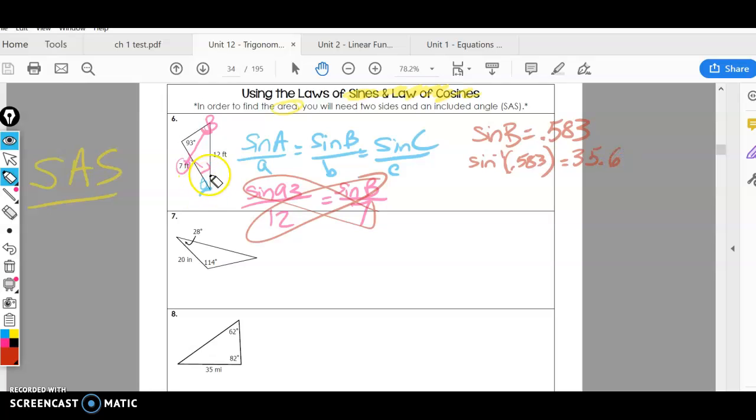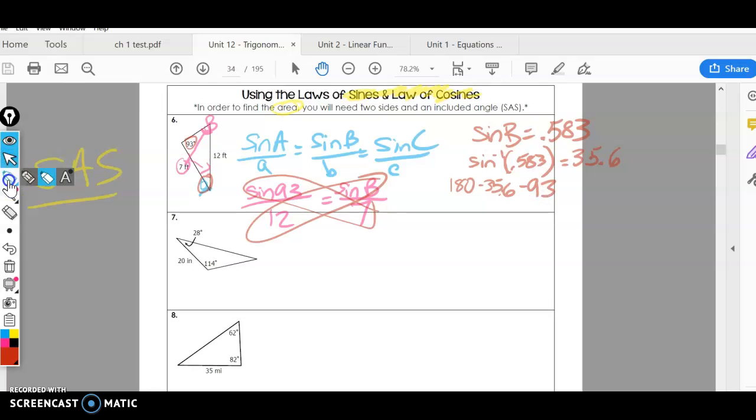Therefore, now to find this missing theta in the beginning, we have to do 180 minus the 35.6 minus this 93, and we will get that missing angle that we need to find the area. That comes out to be 51.4. So now we have a side, and the angle 51.4 in between.